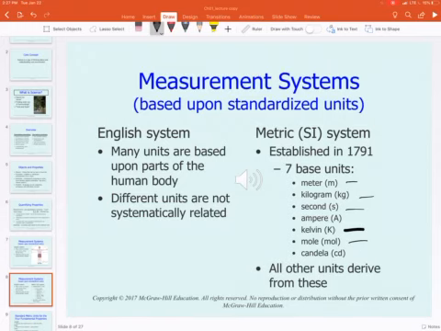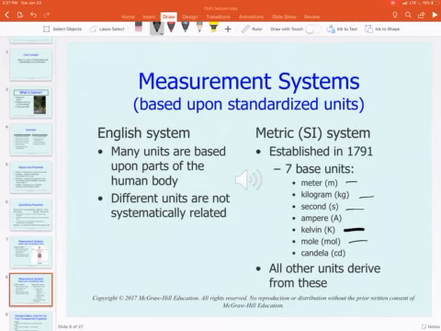As far as the metric system is concerned, it is pretty neat in the fact that it's based on multiples of 10. You are going to be required to know how to draw the metric scale. You will be required to know how to do those prefixes, and you will be required to know the numerical values of each of those.